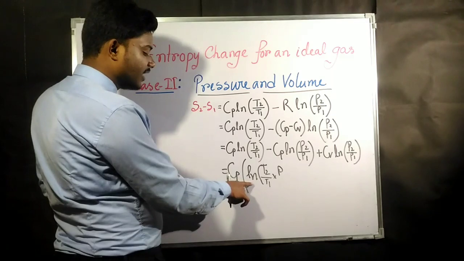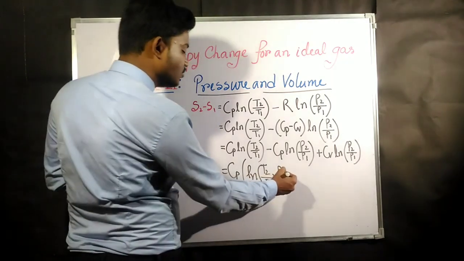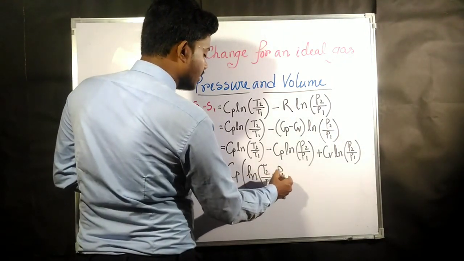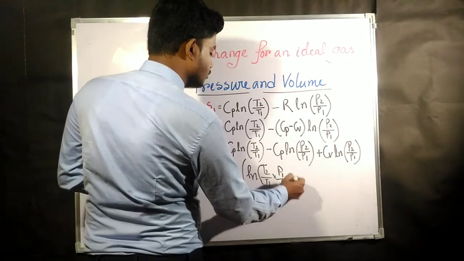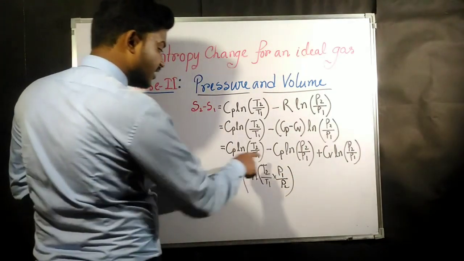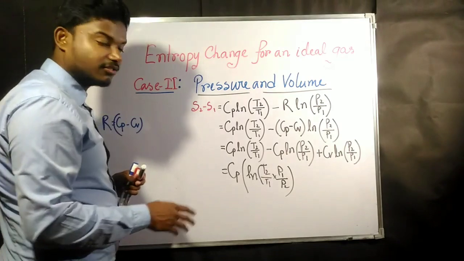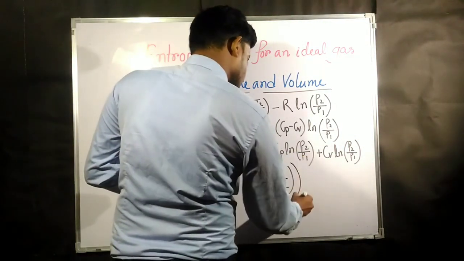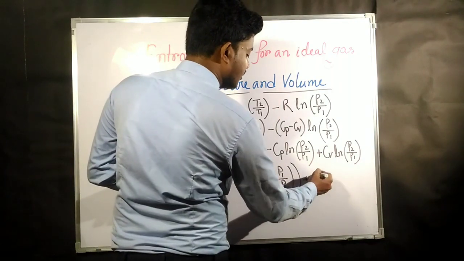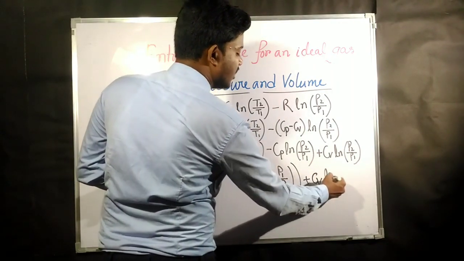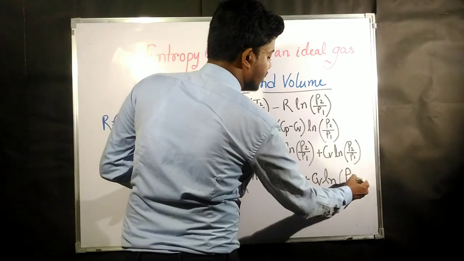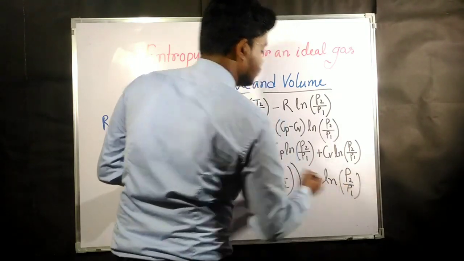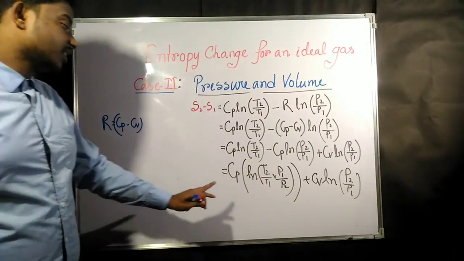If you write it out directly, it is going to be ln of T2 into P1 by T1 into P2. Since here is minus, this will be reversed, the reciprocal of it will come here. On the other side this is going to be Cv into ln of P2 by P1. This is going to be the expression.